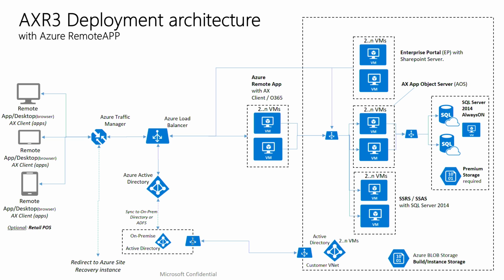That is for HA, high availability. Imagine you have just one AOS server. If that AOS server goes down, your business stops, and you don't want that to happen. So for your HA topology, we deploy at least two VMs for each tier to make sure your business is up and running all the time.